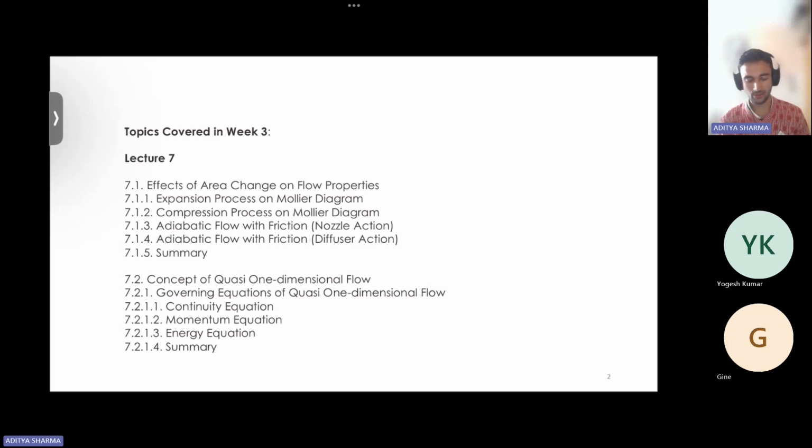As I have already mentioned, we are dealing with quasi one-dimensional flows, so whenever we see area change, it is in that context. Then the next topic was how the properties change with area change. It was the main heading.